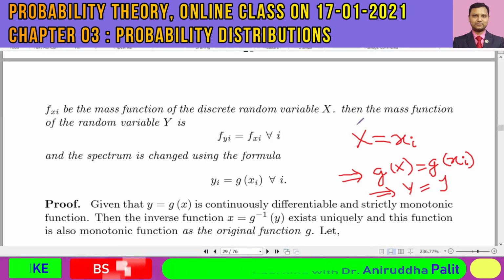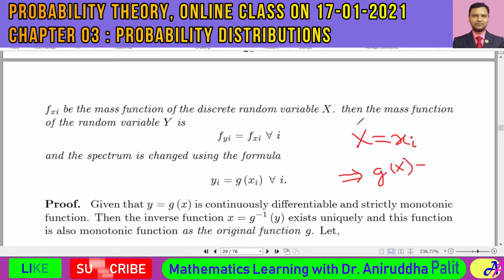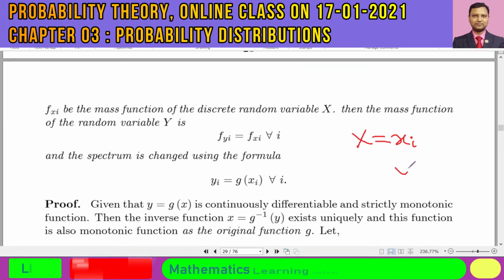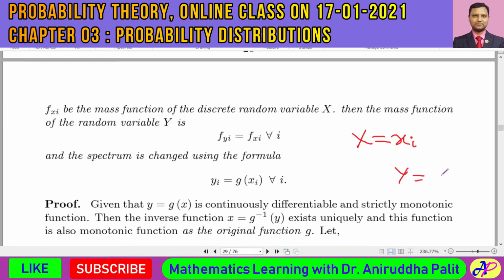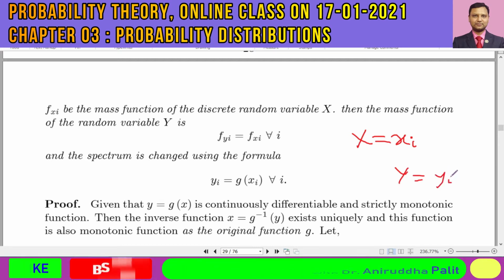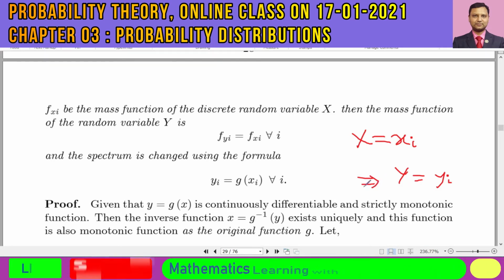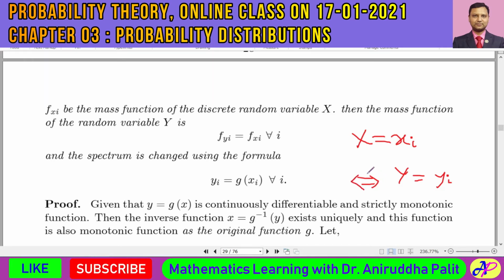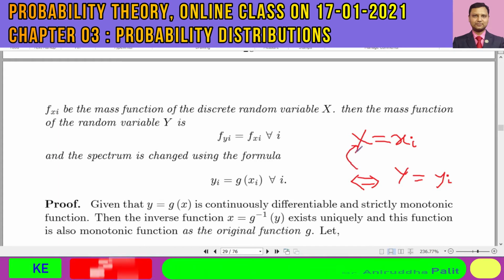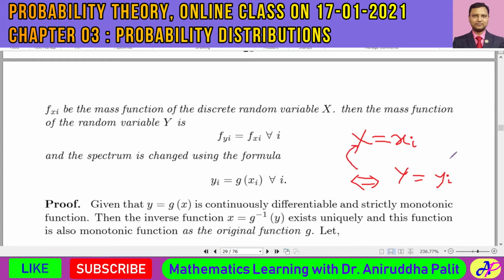What I am trying to say is that x equal to xi and y equal to yi are actually equivalent events. We can prove that x equal to xi implies y equal to yi, and conversely that y equal to yi implies x equal to xi.